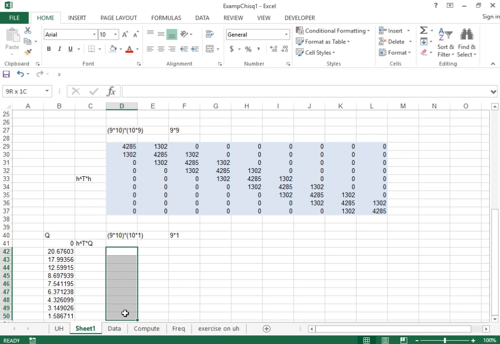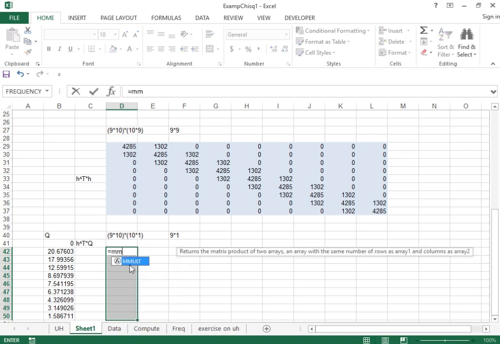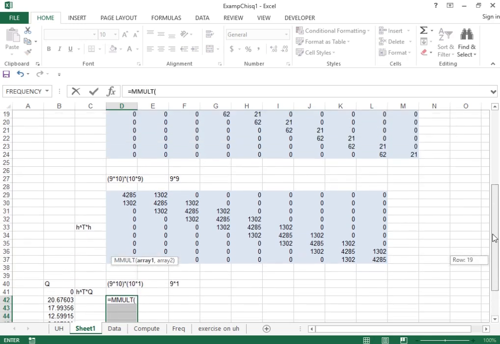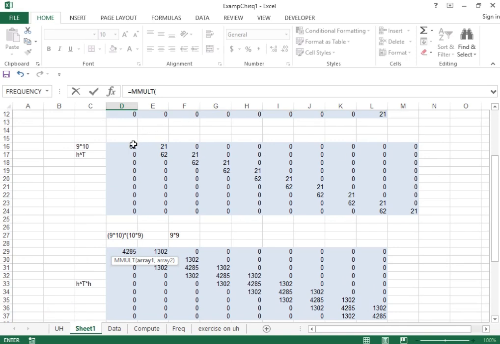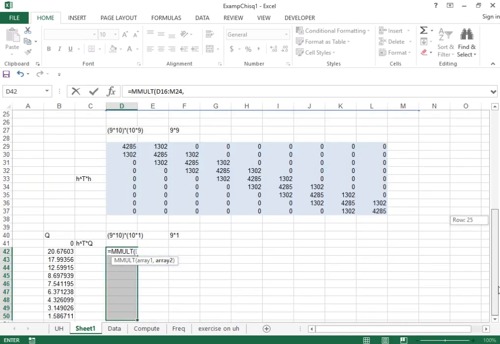You can check at the top and say equals MMULT. The first is H transpose, so you proceed with H transpose here. You select in such a way, comma, and Q is available here.